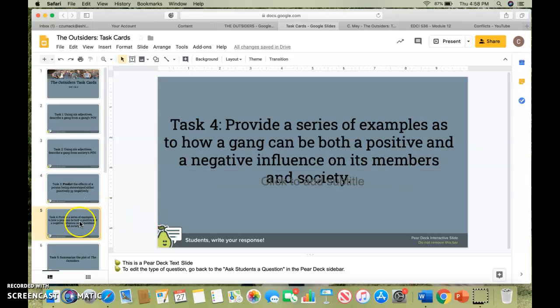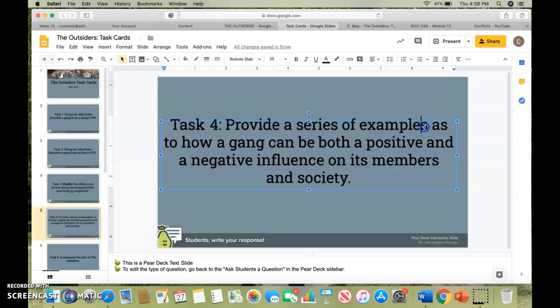Okay. Task 4. Provide a series of examples. I'm going to literally underline the S, as to how a gang can be both a positive and a negative influence on its members and society. Okay, so with all those little keywords in there that a lot of 8th graders, you guys like to just skim through, find that first word, write it down, move on.